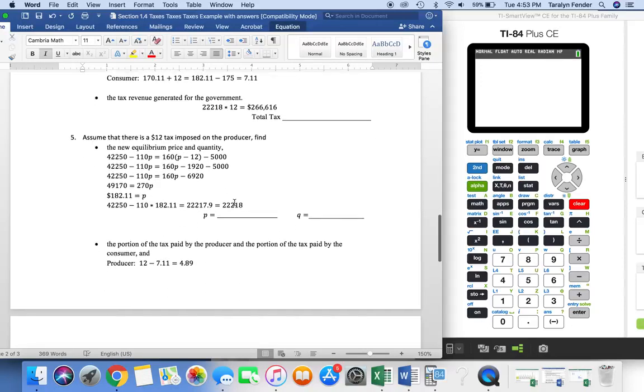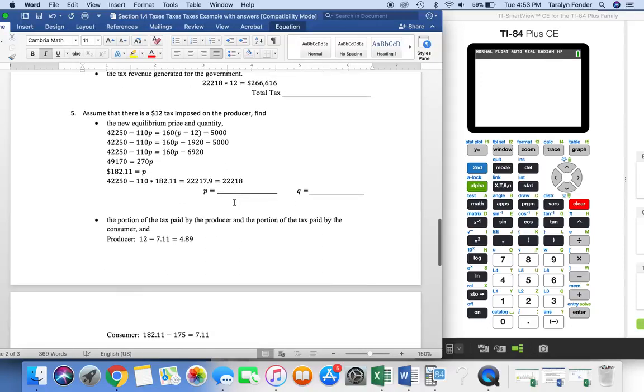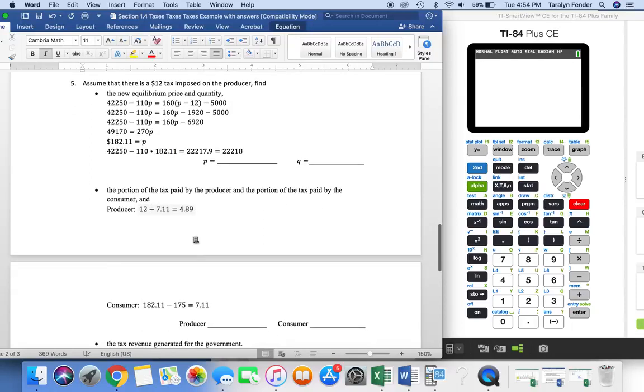The proportion of the tax paid by the producer and the proportion by the consumer, we take the 182.11 minus 175. That gives us 7.11, which is what the consumer pays, so the producer pays $4.89.